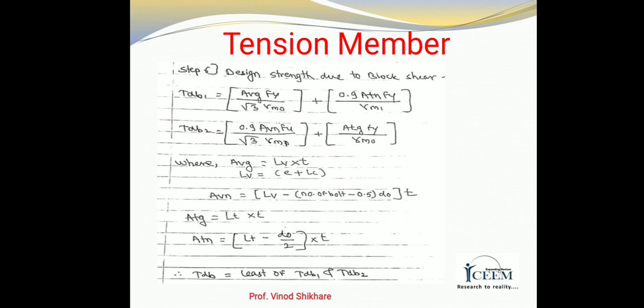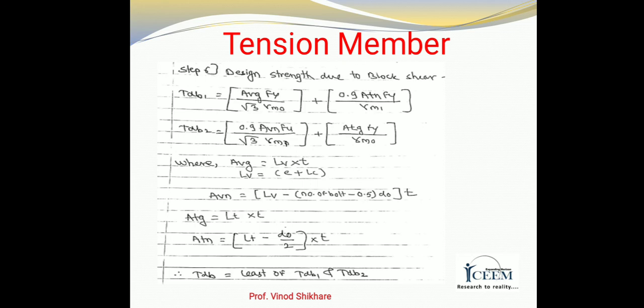Then ATG is LT into T, ATN is LT minus D0 by 2 into T. Then TDB, that is design strength due to block shear, is the lesser of TDB 1 and TDB 2.